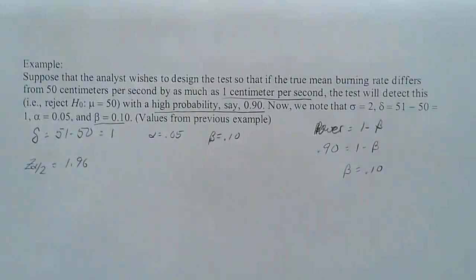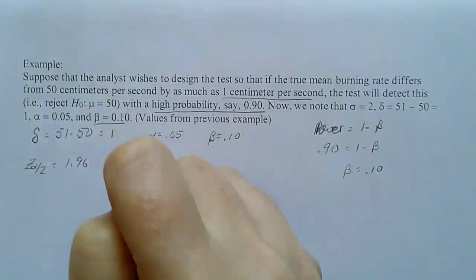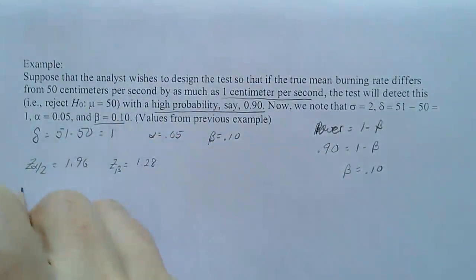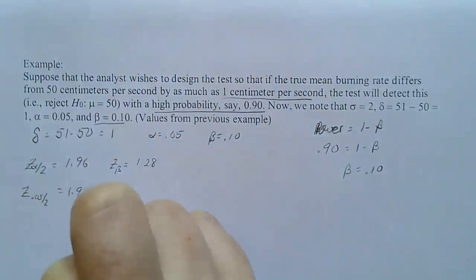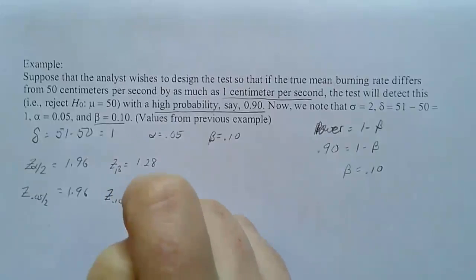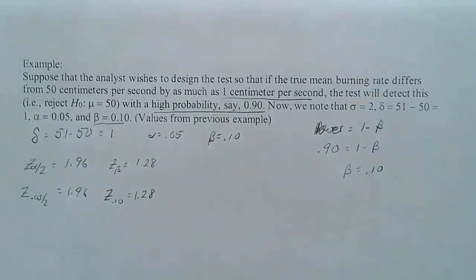And now my z of beta, if I look that up on my z table, so for 0.1, my z of 0.1 is 1.28. And so this is z of 0.05 over 2, which is equal to 1.96, and z of 0.10 is equal to 1.28. So those are my z values.